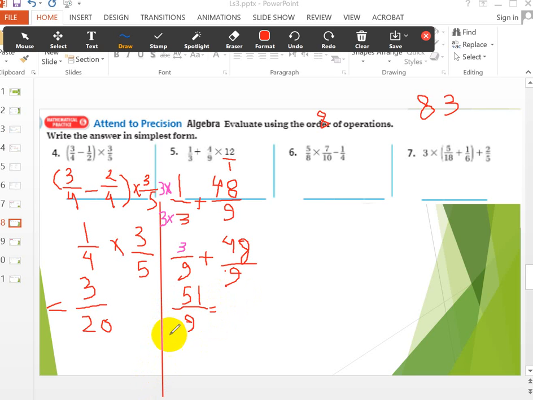Look, what is the number I will multiply with 9 that will give me the closest answer to 51? 9 multiply 5 equals 45. So it will be 5. And between 45 and 51, I have only 6.